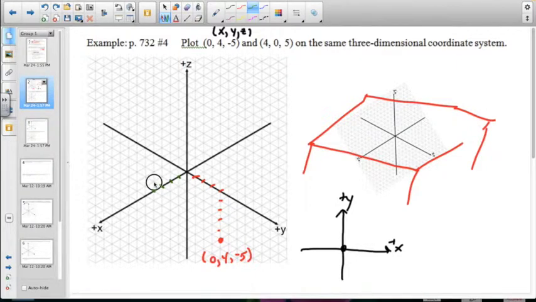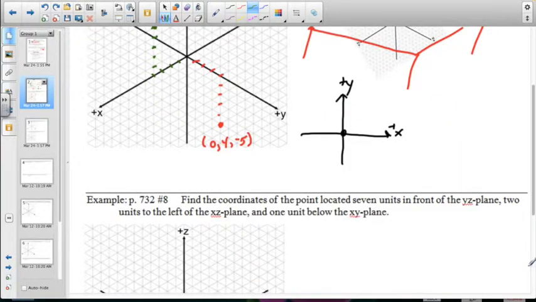So we're counting straight up vertically, 1, 2, 3, 4, 5. So there is your 4, 0, 5. If we picture this XZ plane as the wall, then we just went along the floor and up the wall, but not into the classroom. So there are those 2 points.